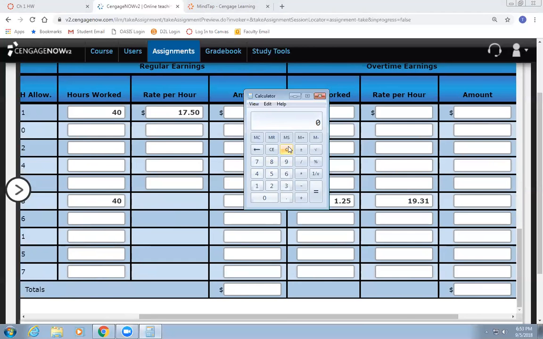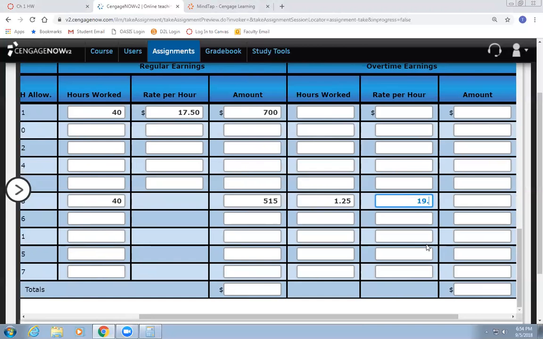I rounded it on the board, but I kept my number in my calculator, the 12.87 whatever. So it was incorrect. So make sure you're rounding. So yes, 1932, good catch. She would actually earn $19.32 an hour of overtime.